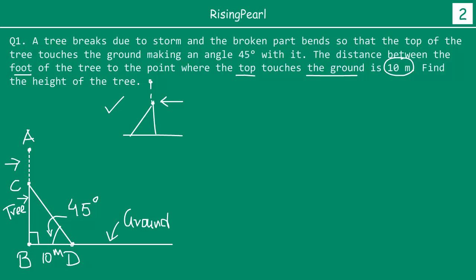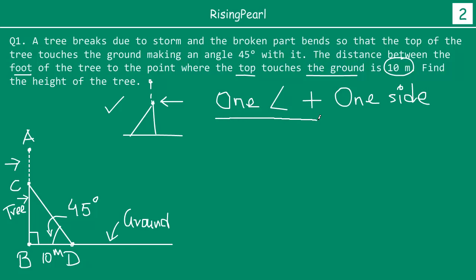Number two is that if one angle plus one side, meaning the length of the side, is given, we can find out all the sides. How? Simply by applying the trigonometric ratios.